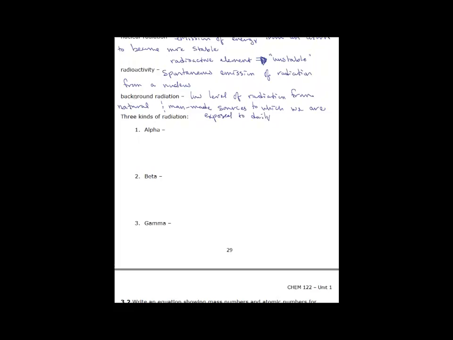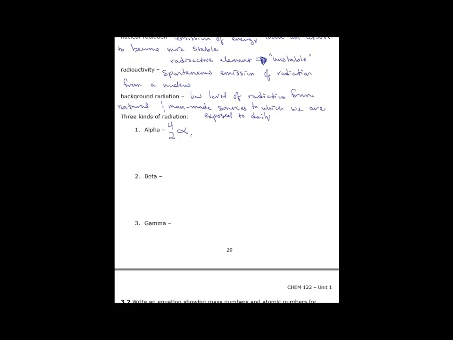Now there are three kinds of radiation that we're going to cover in this course. The first is alpha, and alpha has a mass number of 4 and an atomic number of 2. What's the Greek symbol? Alpha, it's kind of a fish.